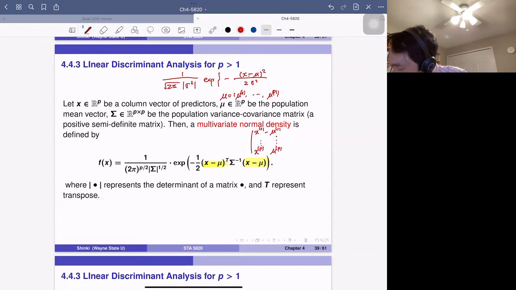We have p-dimensional space, so we just have this difference. Since this is a p-dimensional vector, we have the transpose symbol here. Then the variance term: variance was a scalar in the univariate case, but in the multivariate case this basically is a p by p matrix.